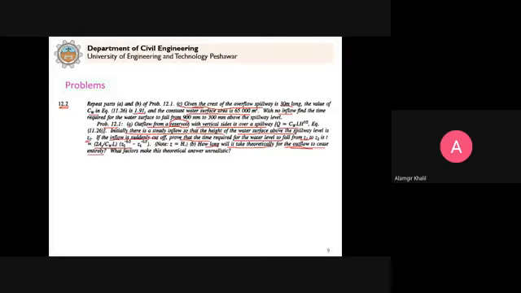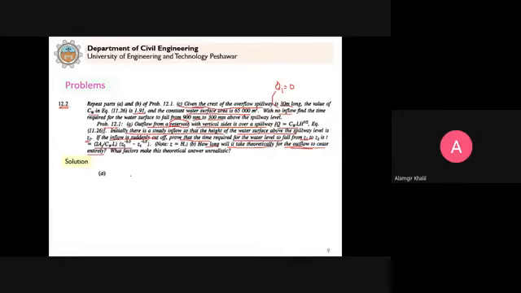No inflow means that Q_I is equal to 0. Find the time required for the water level to fall from 900 millimeter to 300 millimeter.